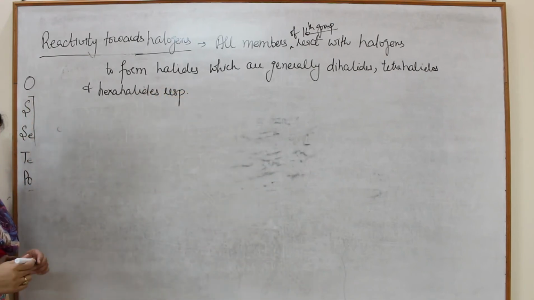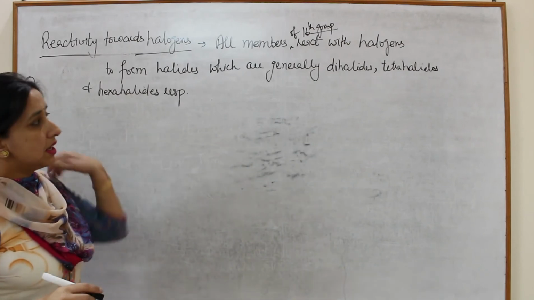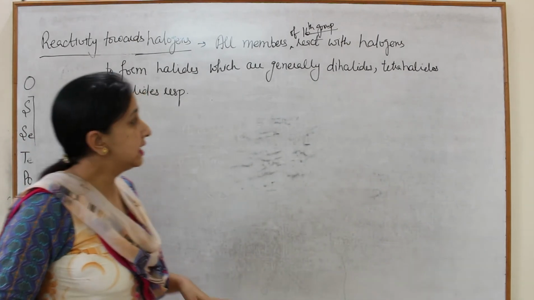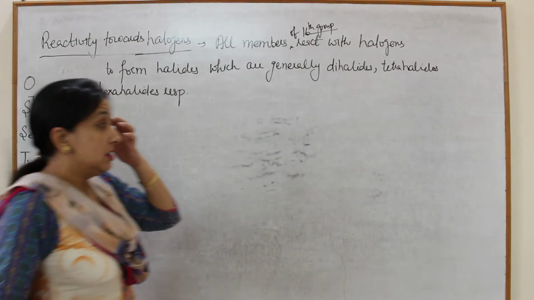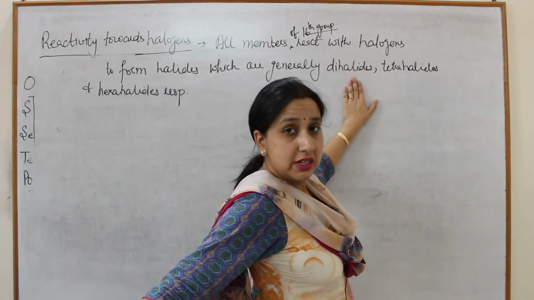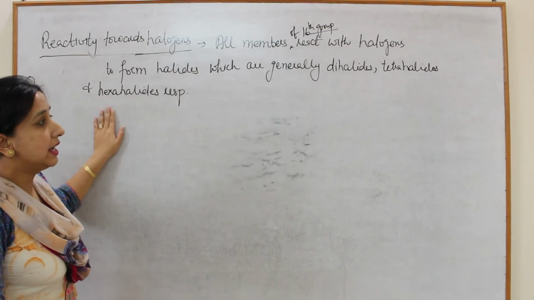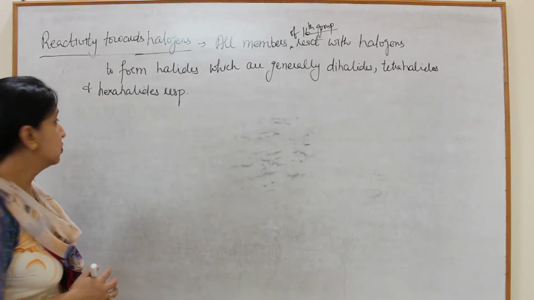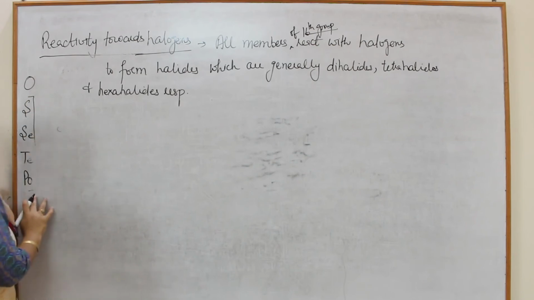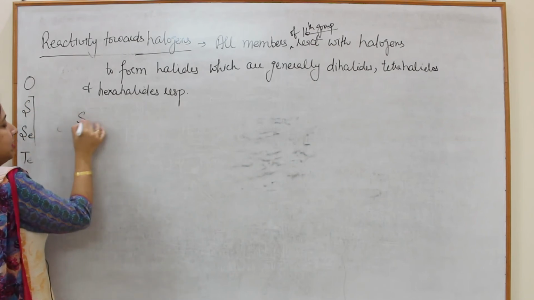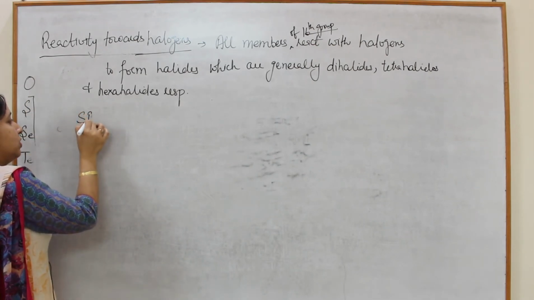Exceptions are also present. Exceptions means they can also form monohalides and pentahalides, but we will discuss only dihalides, tetrahalides as well as hexahalides. Dihalides, di means two, so these members can react with two halogens.